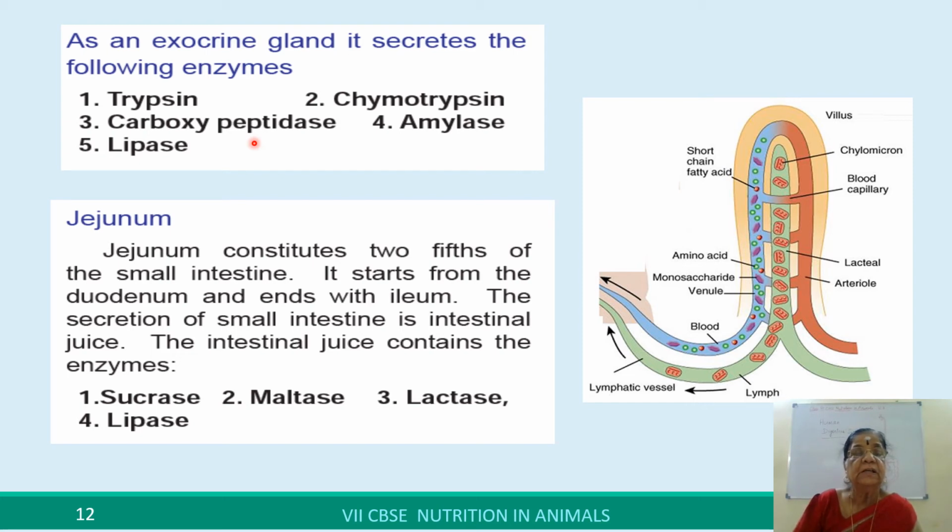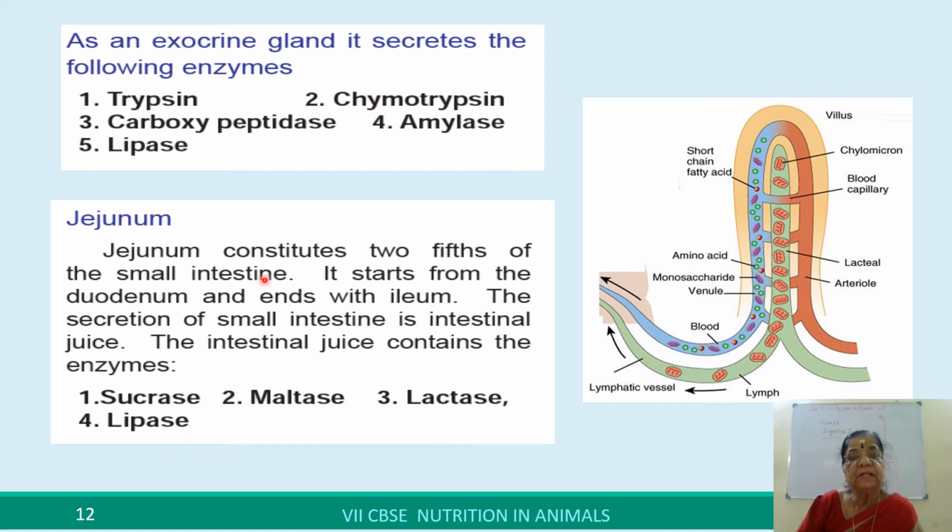Then from the duodenum, the chyme enters into the jejunum, the internal small intestine portion. The enzymes there are sucrase, maltase, lactase and lipase.